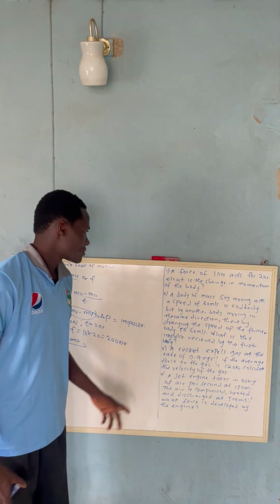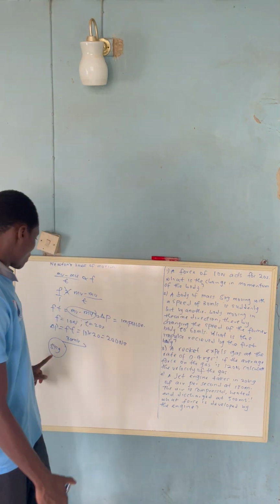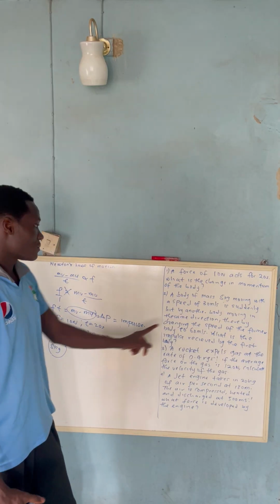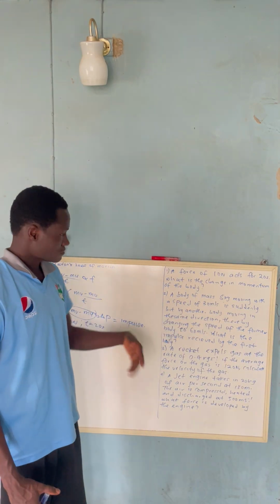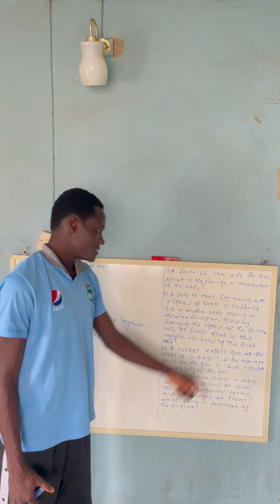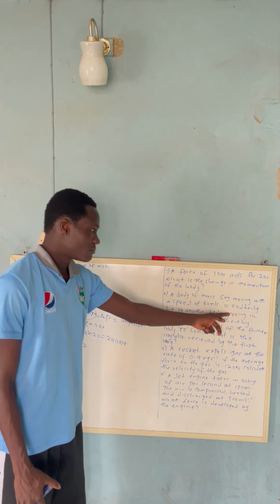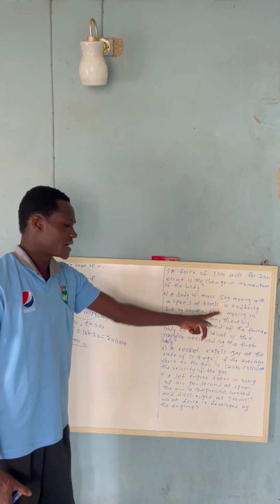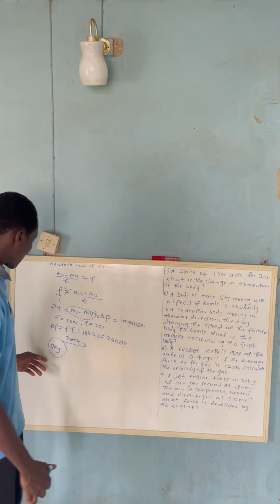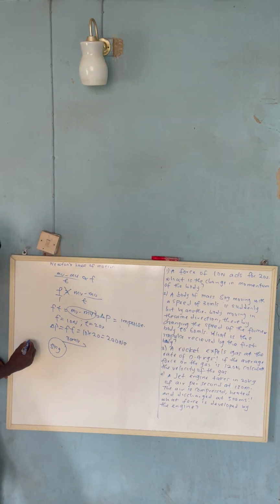So what happened? The body of mass 5 kg moving with a velocity of 30 meters per second is suddenly hit by another body moving in the same direction. Let's say this is the other body, moving in the same direction.